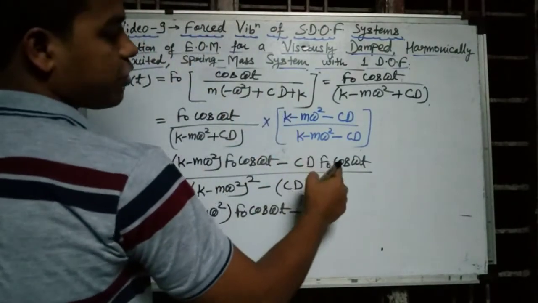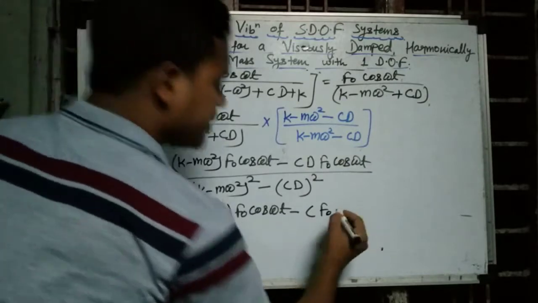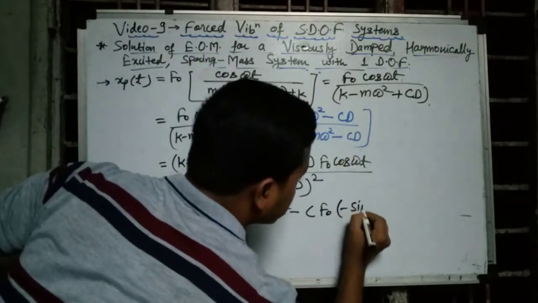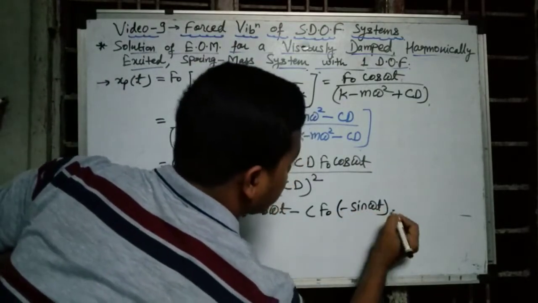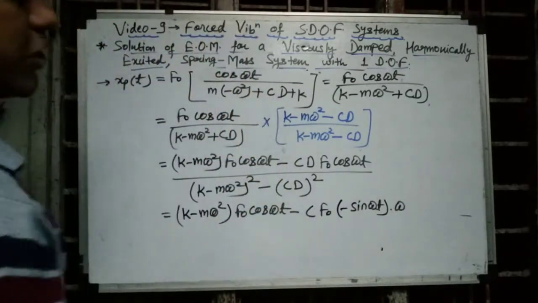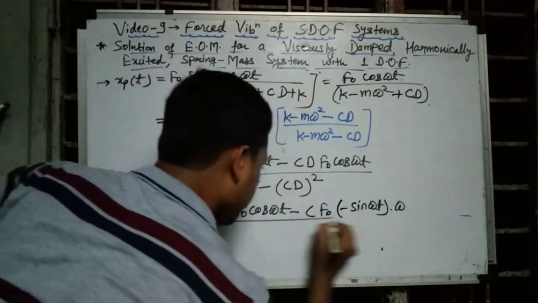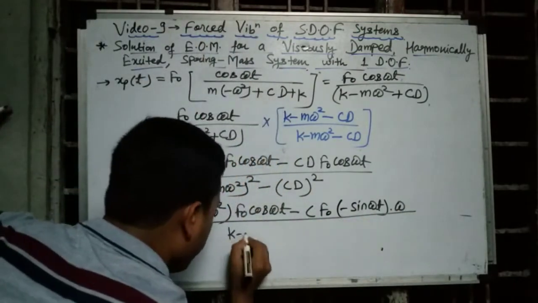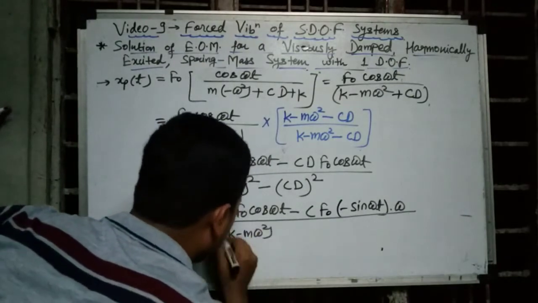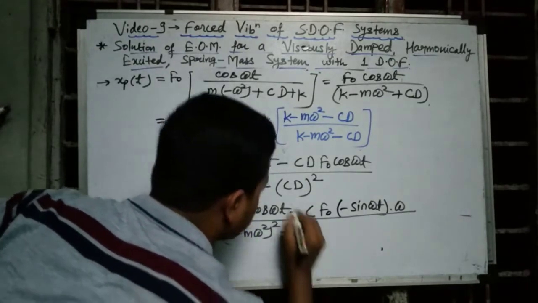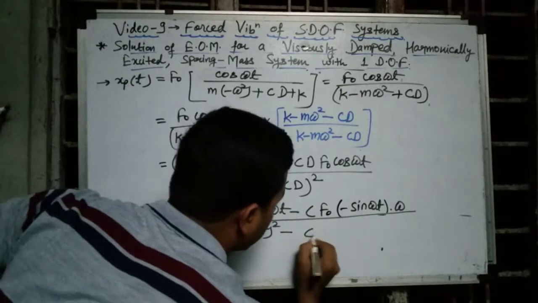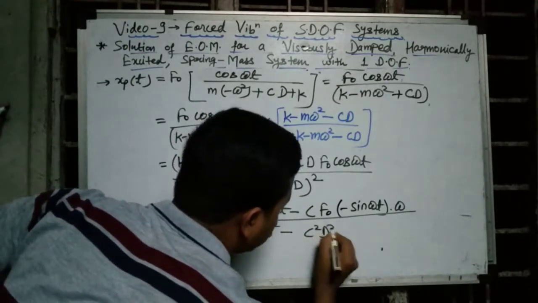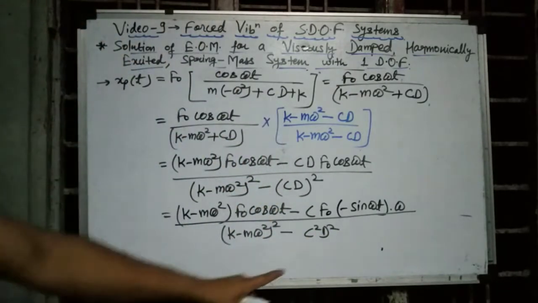This is the differentiation, divided by k minus m omega square whole square minus c square d square. So again I got d square.